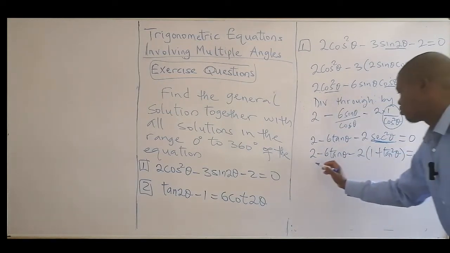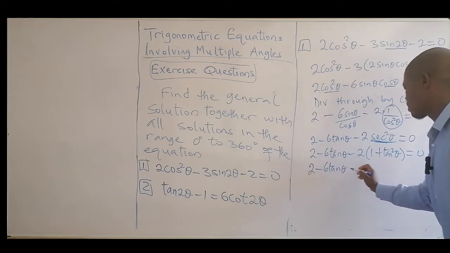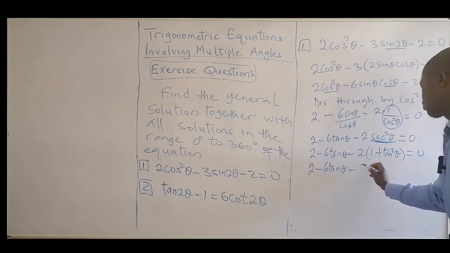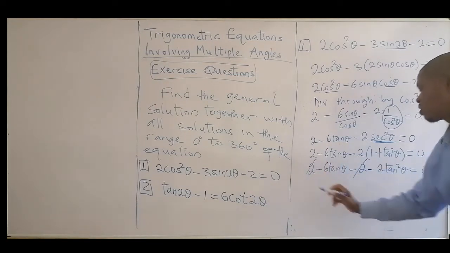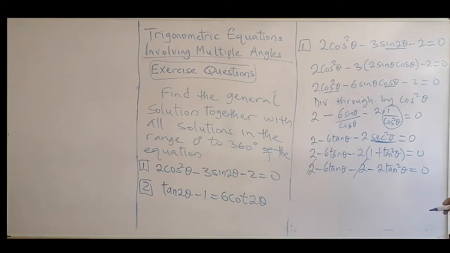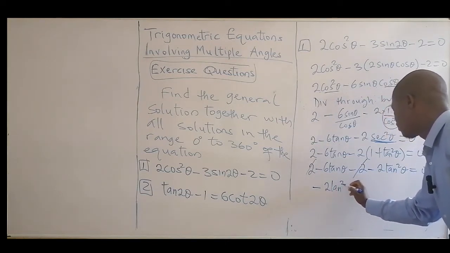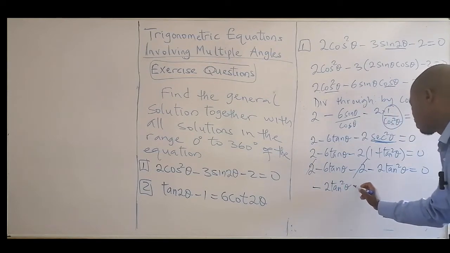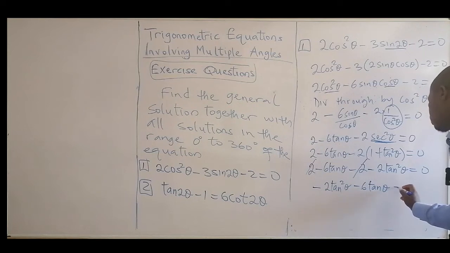Then the next thing to do is the expansion. 6 tan theta minus 2 times 1, minus 2, minus 2 times tan squared theta, equal to 0. So minus 2 and plus 2 cancel out. We now have 2 tan squared theta minus 6 tan theta equal to 0.